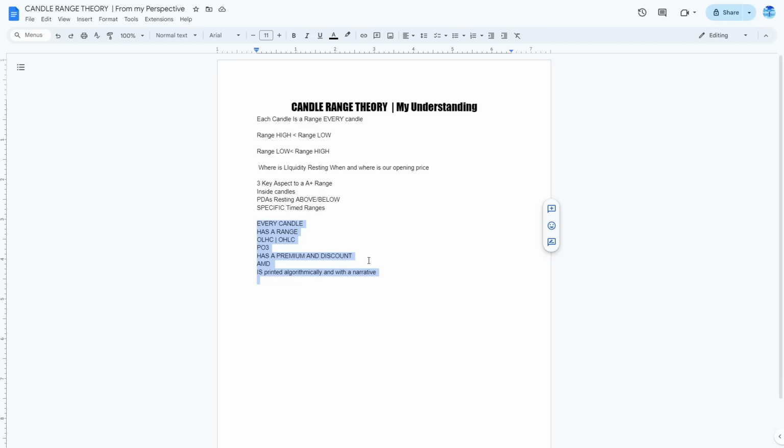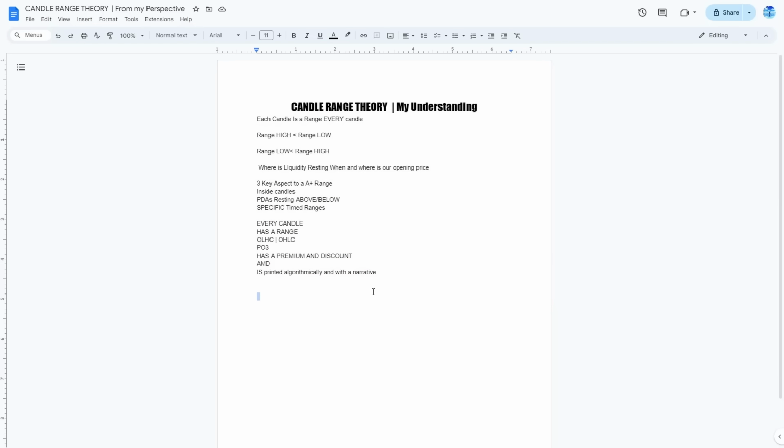And what you should always know is each candle is printed algorithmically and with a narrative behind it. Nothing is by luck, nothing's by chance. All of these candles are algorithmically printed and have everything listed below.